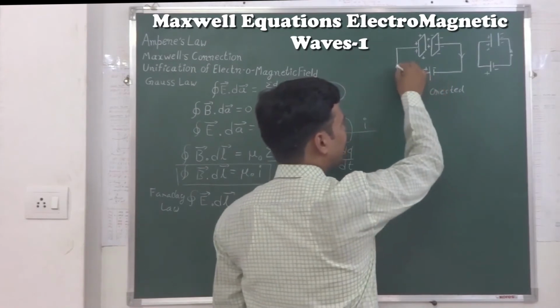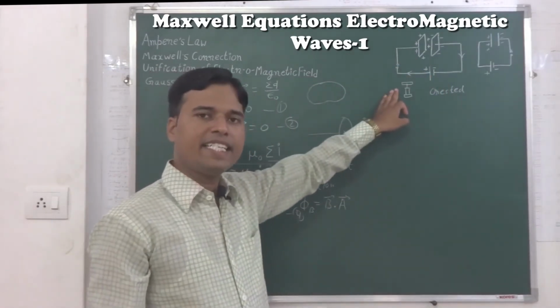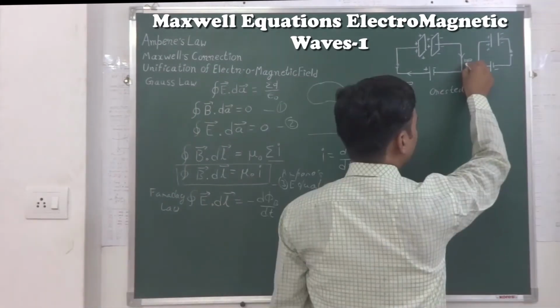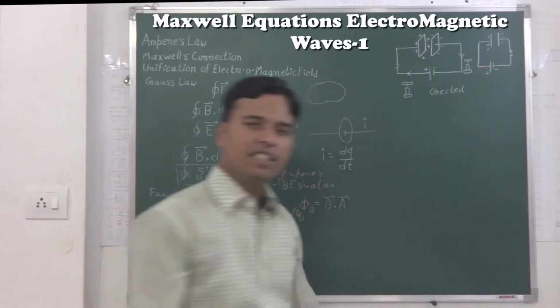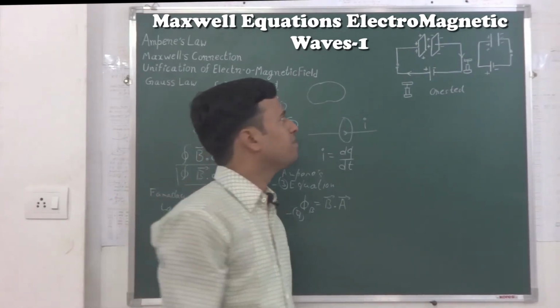So when this key is closed, this magnetic needle will be deflected. When this magnetic needle is placed on this side, then also this deflection will be observed.